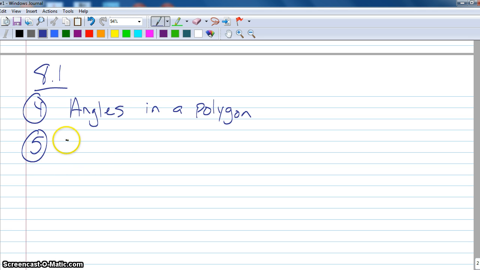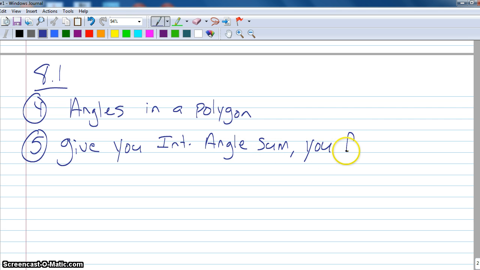Then the fifth one will be, what happens if I give you the interior angle sum and you find the number of sides? In other words, you're going to find what n is using the formula from number 4.